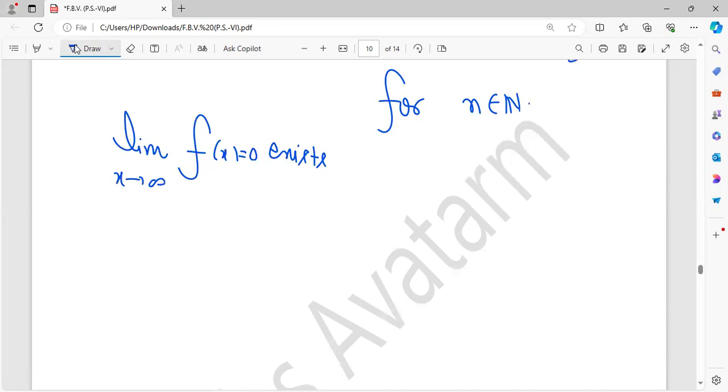If f is a function of bounded variation, then I am taking this partition. What is this partition?